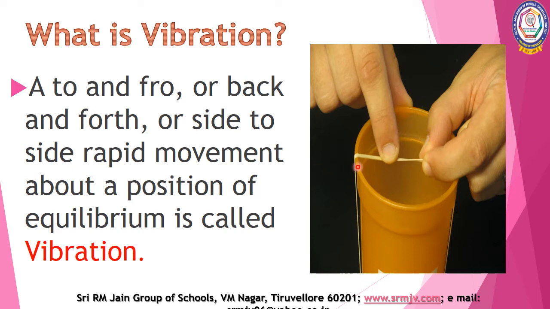Pluck it from the different sides of the glass. Are the vibration and sounds different? Yes, the sounds and vibrations will be different because the lengths of the rubber band are different. If you use a bigger glass, the vibration and sound will be different.